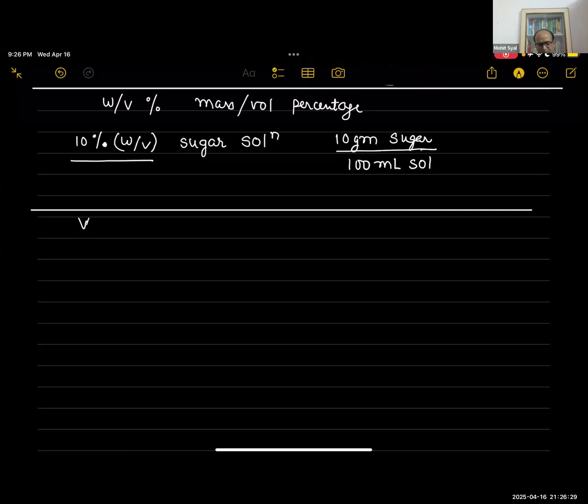Next is V by V percentage. It is volume by volume percentage. It is used when you mix two liquids.